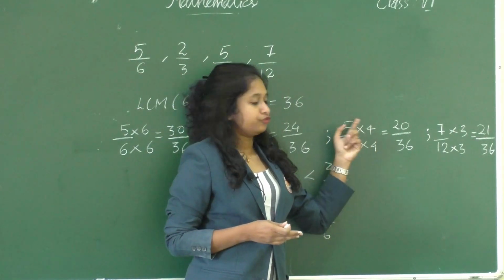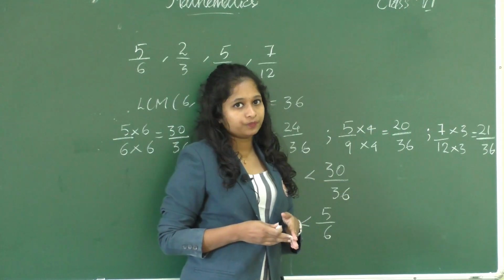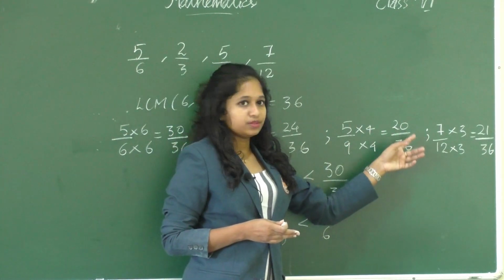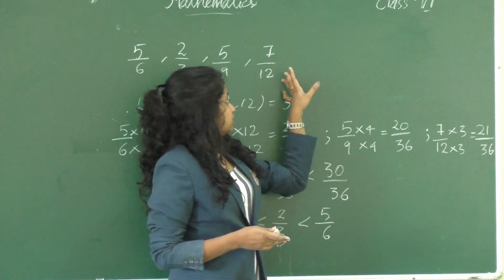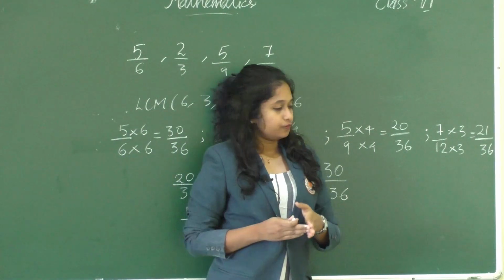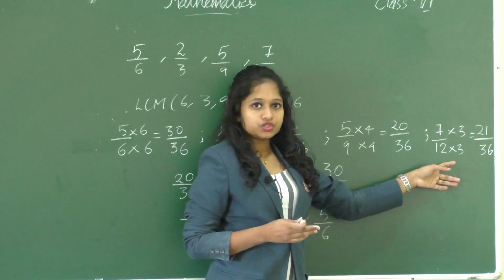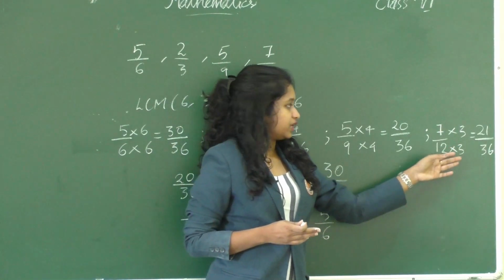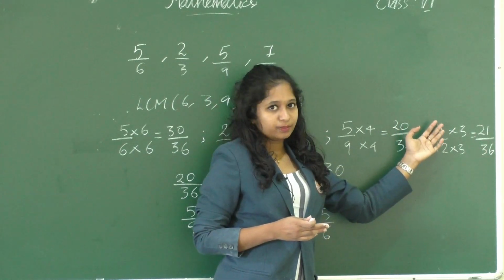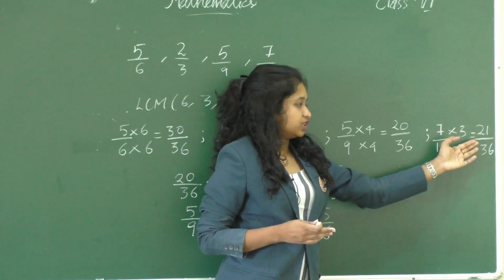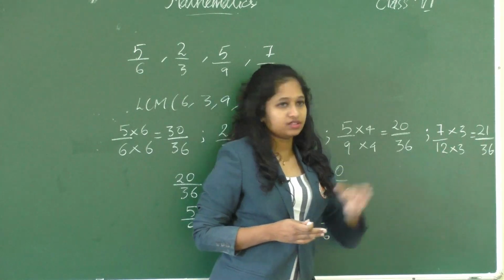So multiply 5 also by 4. So we get 20 by 36 here. And next it is 7 by 12. 12 you multiply by 3, we get 36. So multiply 7 by 3, so that we get 21 by 36 here.